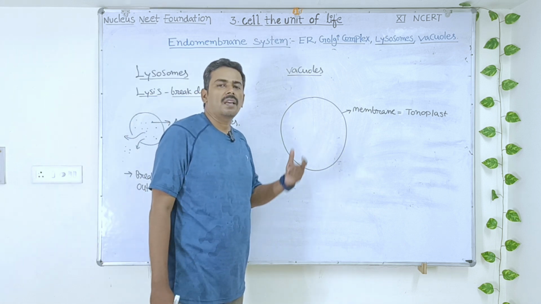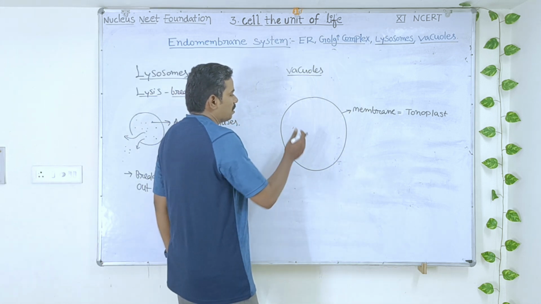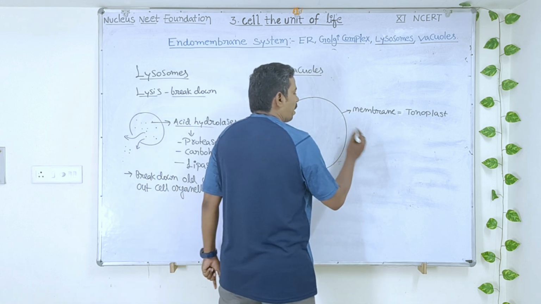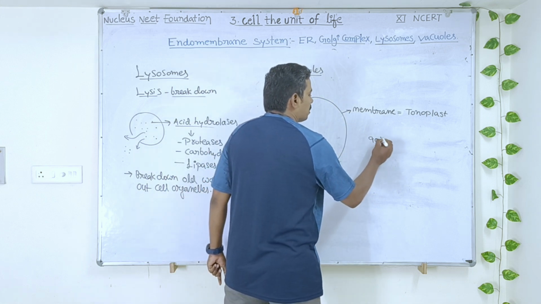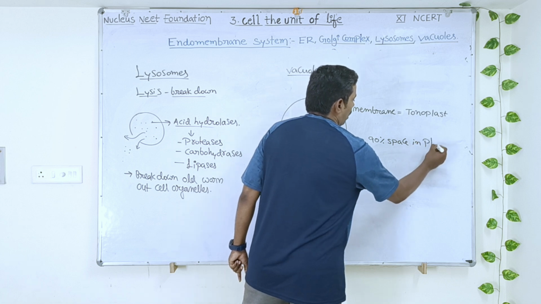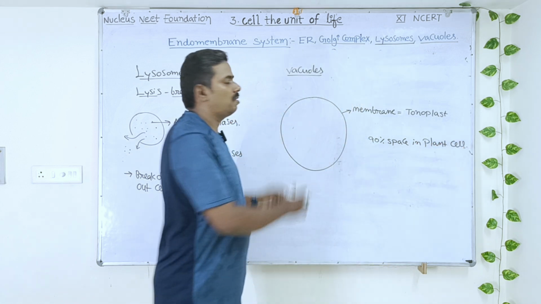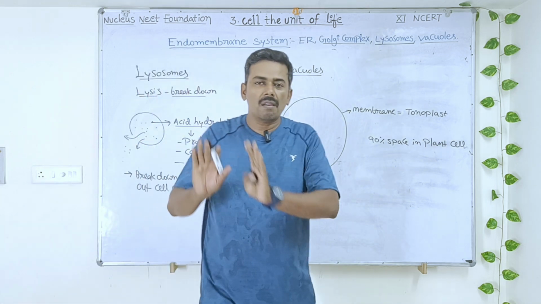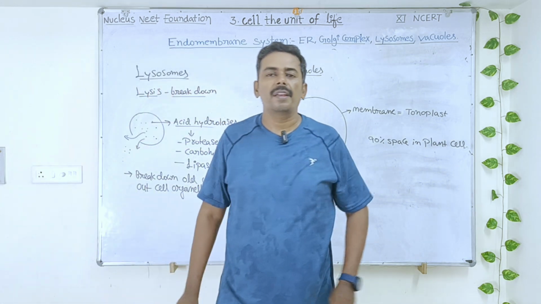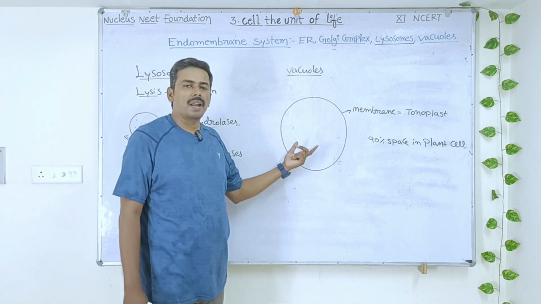So what is the function of a vacuole in the plant cell? In the plant cell, the vacuole occupies 90% space. Because of such a large sized vacuole, all other cell organelles will be pushed to one side, including the nucleus. So the largest cell organelle in the plant cell is vacuole.